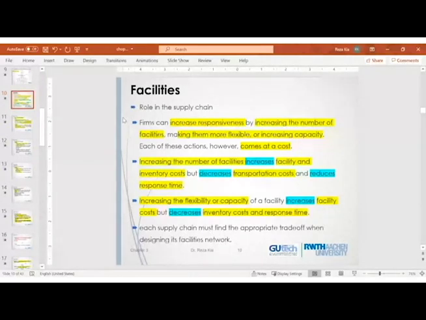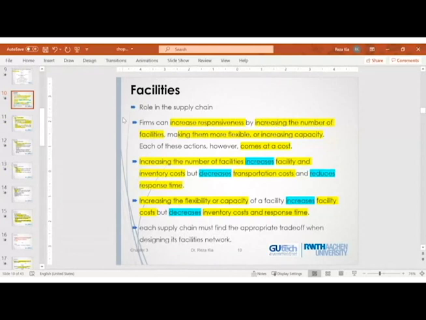For facility, as you have seen in today's lectures, facilities are physical buildings, physical locations where you are either producing something or storing something. And I think you can easily understand that if you want to increase responsiveness, that could happen by increasing the number of facilities or increasing the capacity of your facility, or even inside your facility, rather than one production line, you can have 3 production lines, which is bringing more flexibility.